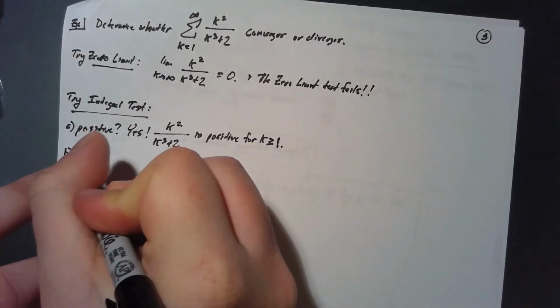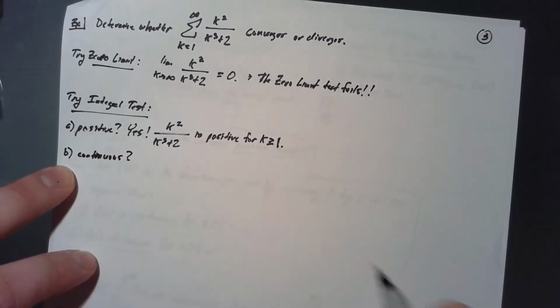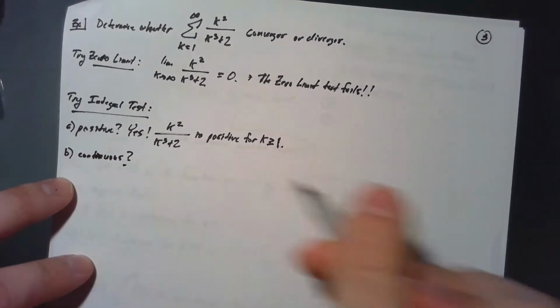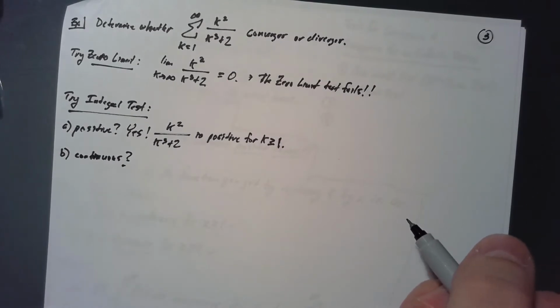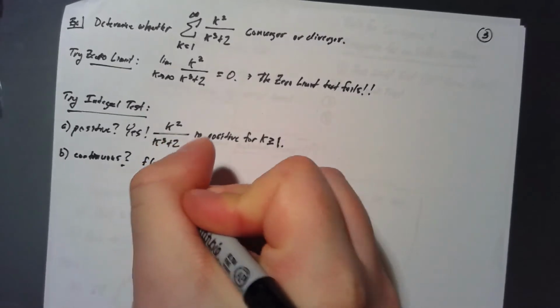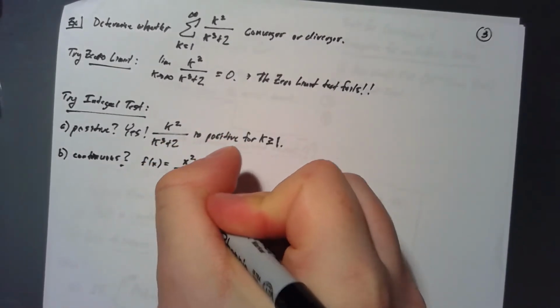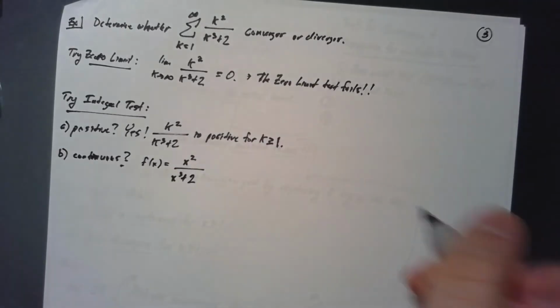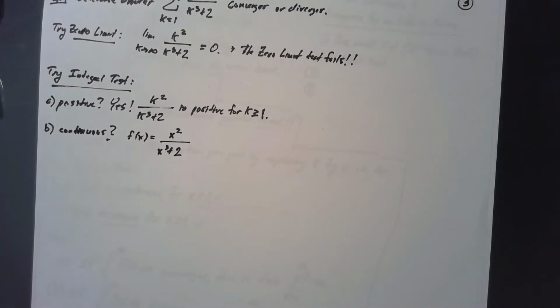Is it continuous? If I replace this with f of x, make that x squared over x cubed plus 2, right? Is it continuous? Well, yeah, it is.